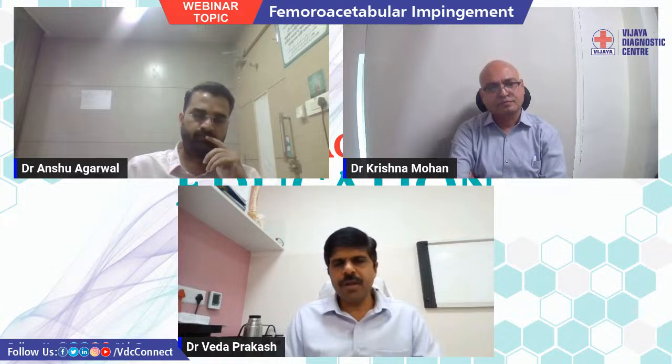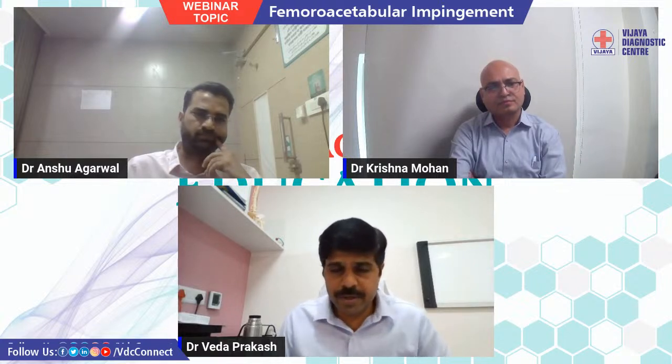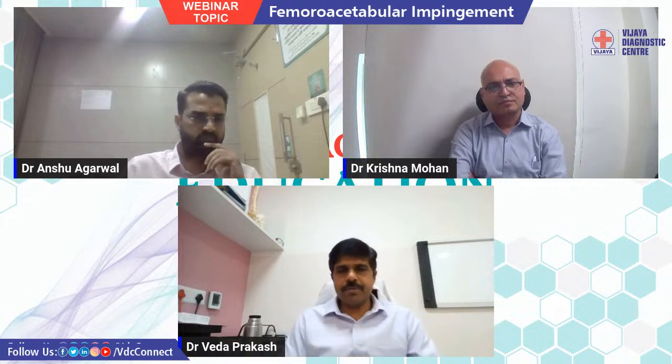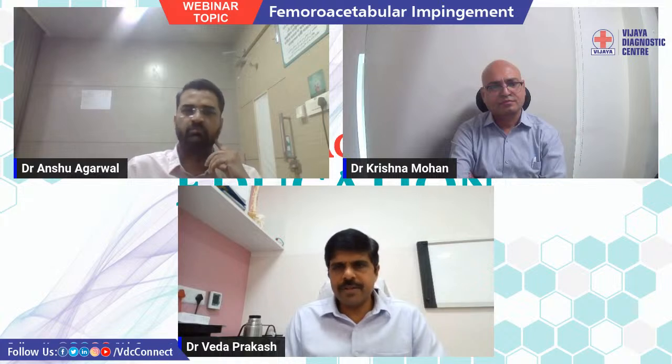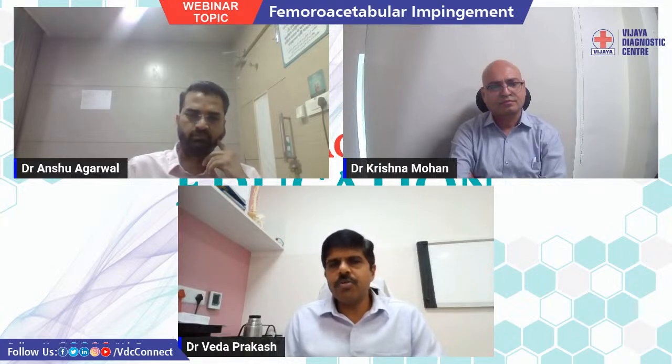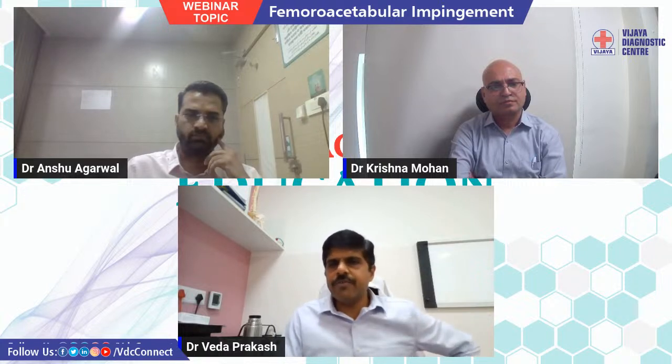So in my practice, if there is a labral tear and the patient is having symptoms, I would always go for an image guided intraarticular injection first, of a local anesthetic and a steroid, and then see whether the symptoms will go away or not, even if it is very temporarily.